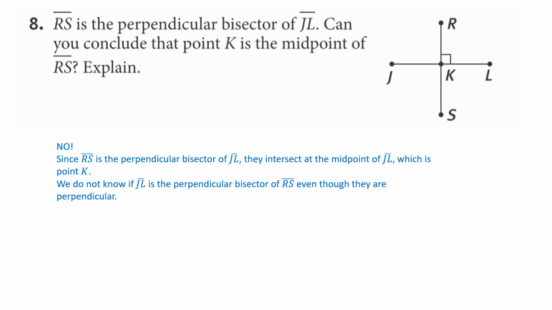It doesn't tell us that. All we know is they intersect at point K, but that's the midpoint of JL. That's all we know. There's not enough info to claim that K is the midpoint of RS. It could be. We just don't have enough info right now to know, based on what we're given.